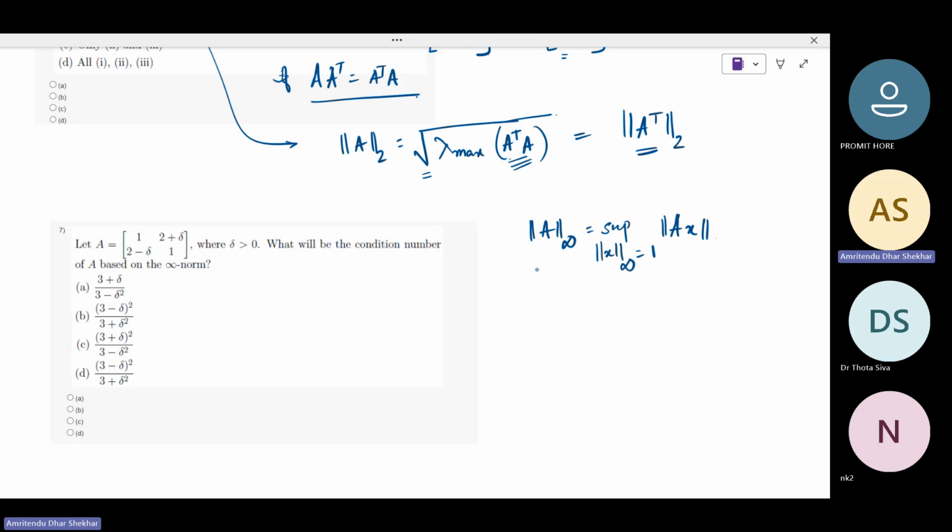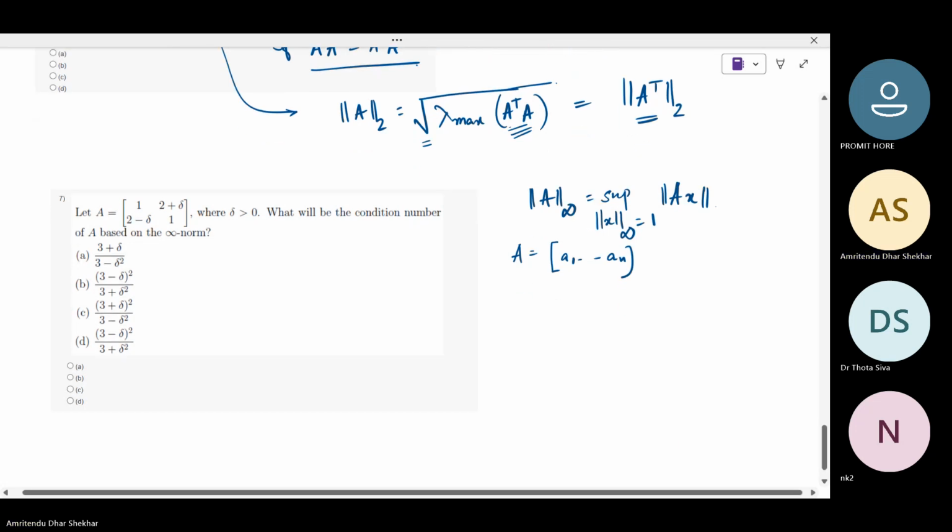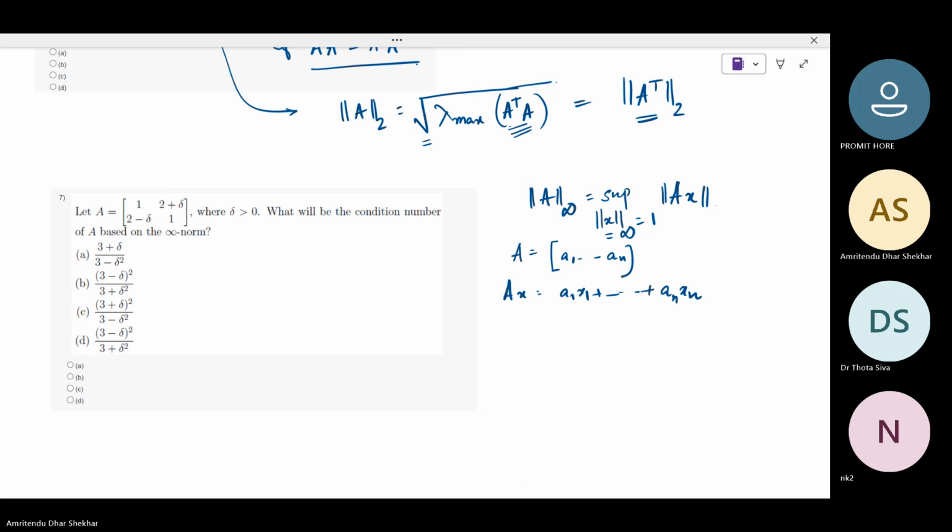Right. So now, if you're given any matrix A, if you write it as columns A1 to AN, then Ax is equal to A1 x1 plus up to AN xN.